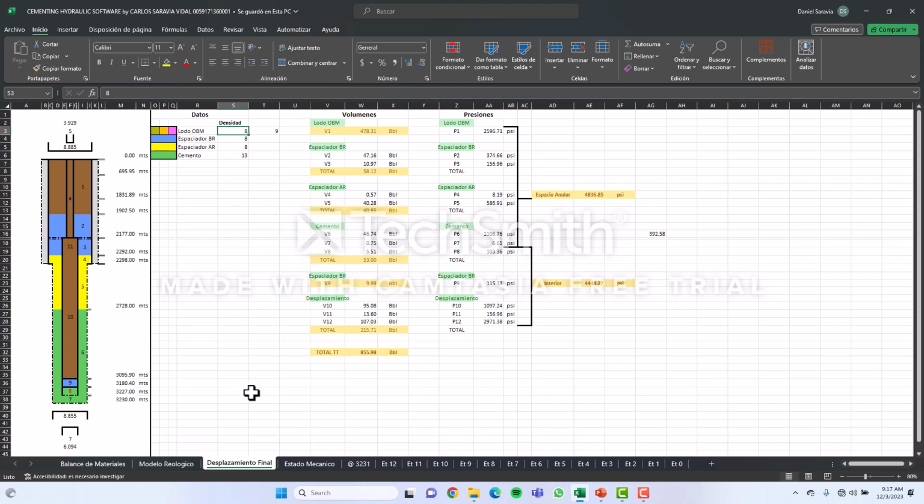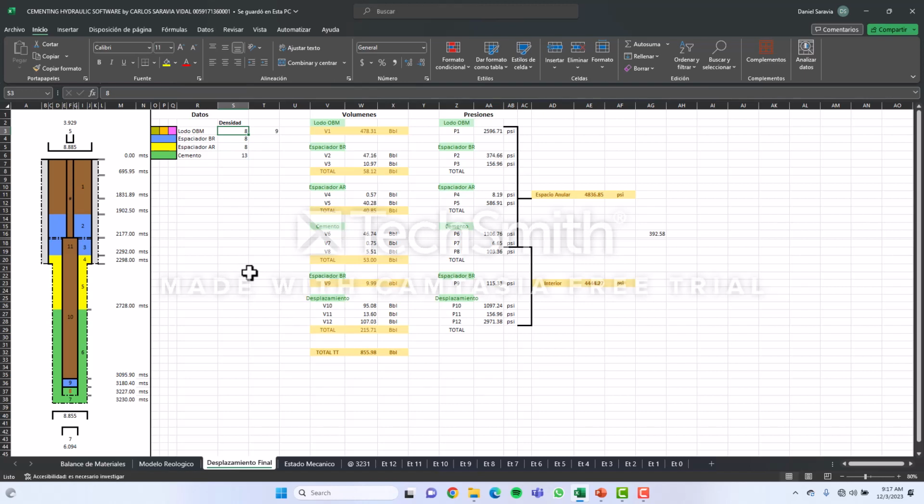So we can calculate the hydrostatic and the dynamic conditions. Here, don't worry about the language of this software. I'm already translating everything to English, and next year to Arabic and French, of course. If you can see, we have here all the properties of the fluids.